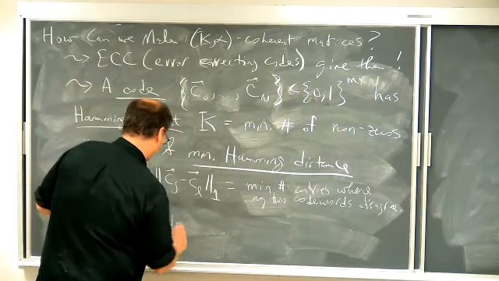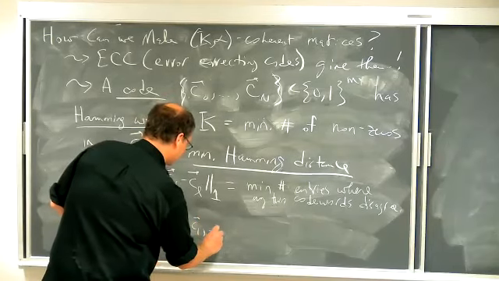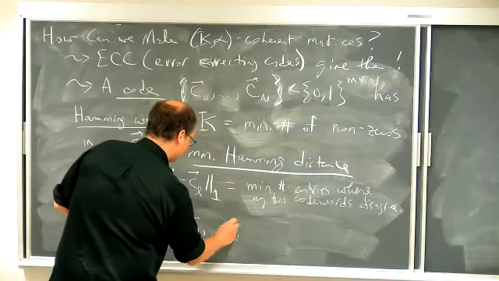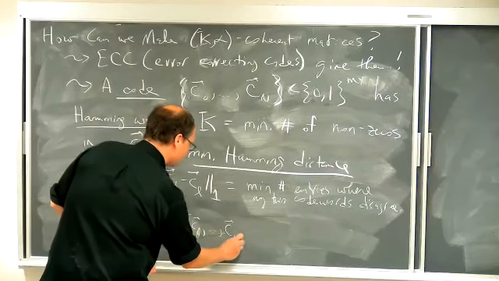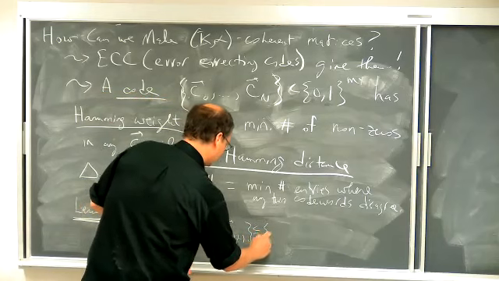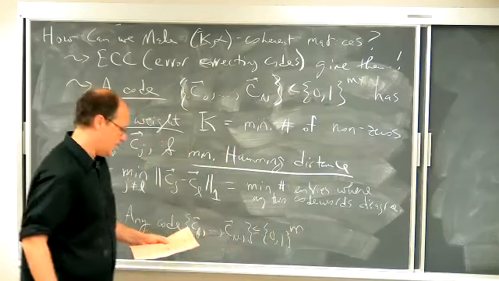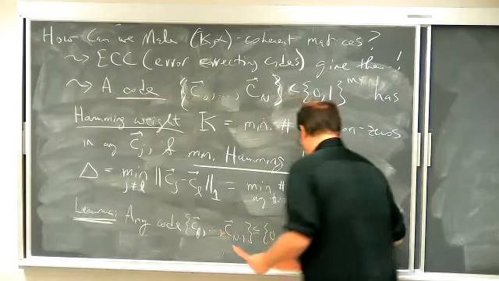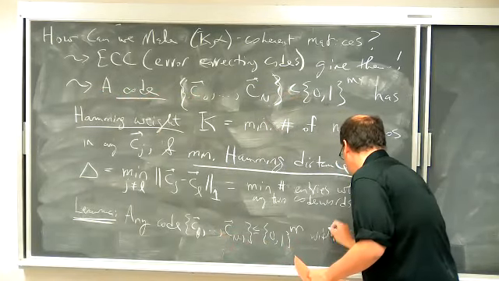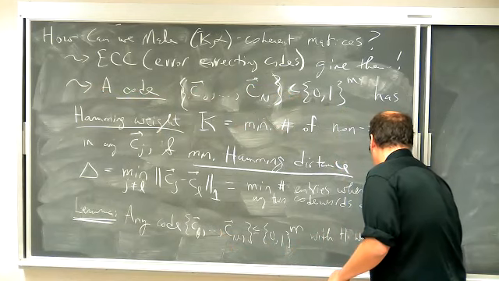So any code like this, that we have been talking about. I guess I'll start indexing things at 0 again. With Hamming weight K and Hamming distance delta. So H weight is going to be Hamming weight.